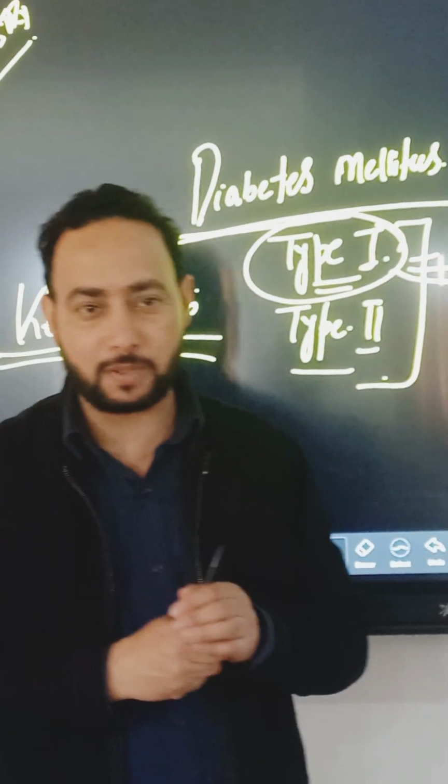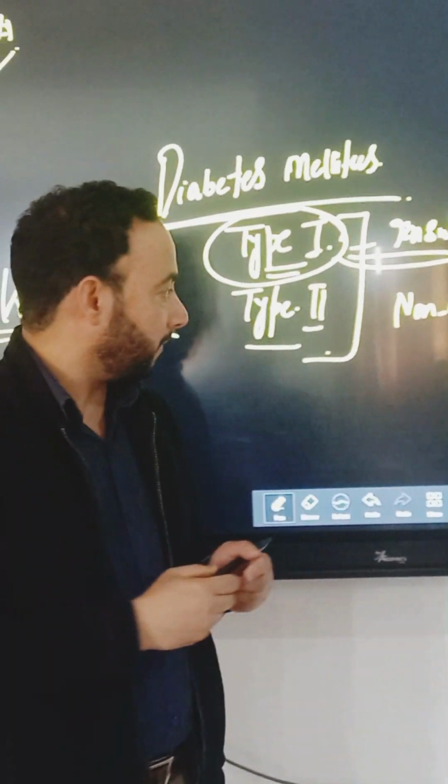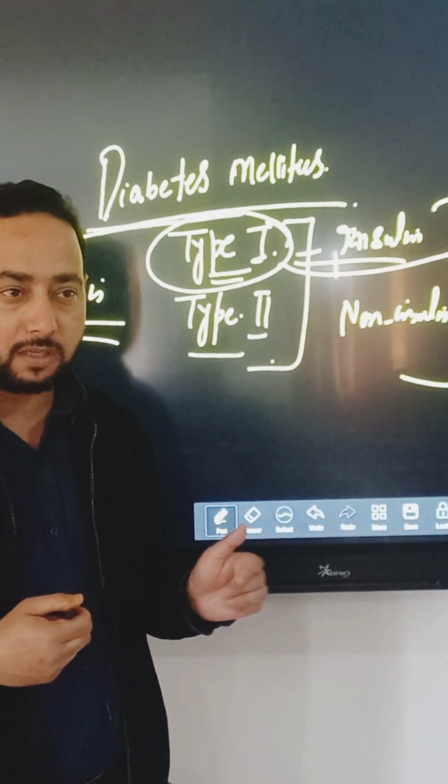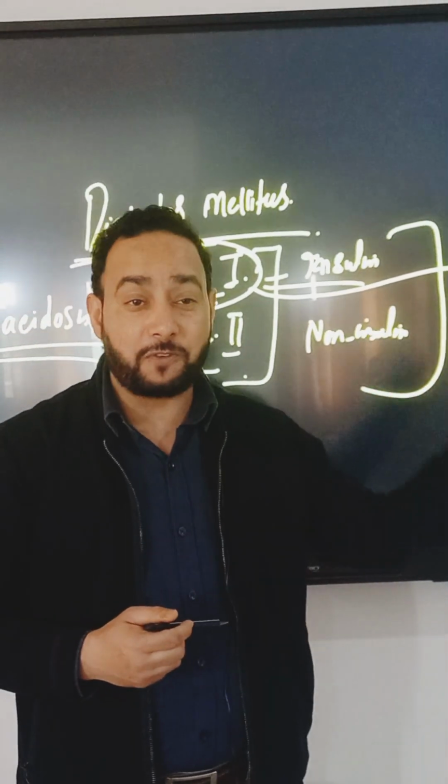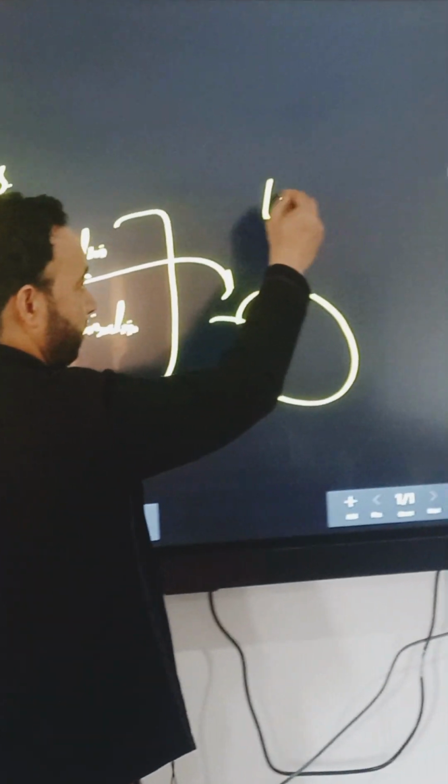Now the obvious problem is cells need energy, a consistent amount of energy. The brain needs a continuous supply of energy, the kidney cortex needs a continuous supply of energy. So what will be the alternative here? In type 1 diabetes, increased fatty acid breakdown, what we call lipolysis, occurs.